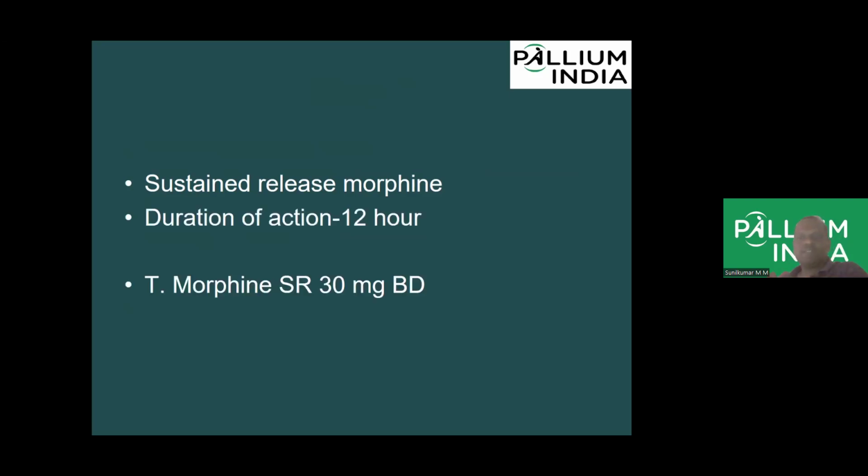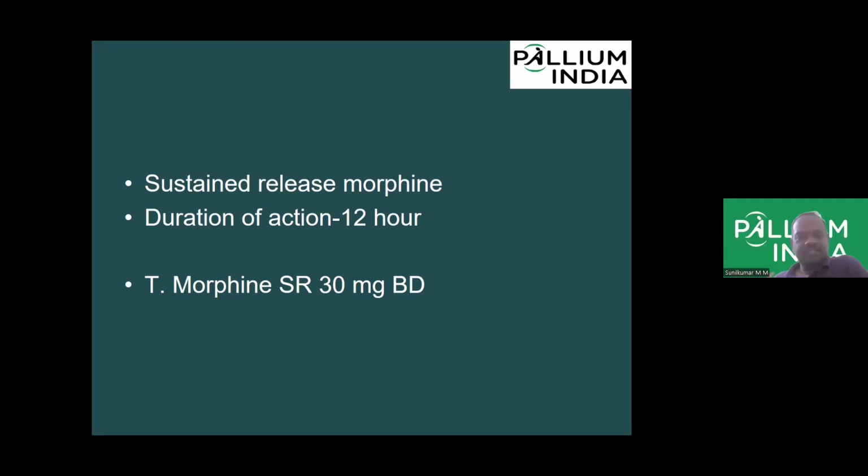But suppose this patient is having breakthrough pain. What would you do then? Now prescribe immediate release morphine. How much? What would be the dose of immediate release morphine for this patient? 10 mg.